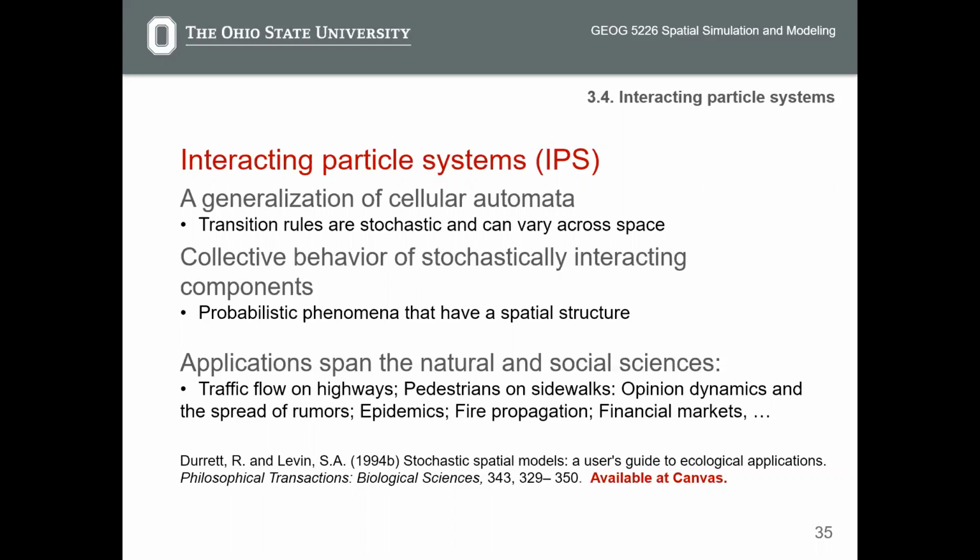Or you can say physical particles like atoms or molecules. They are by nature particles, right? So let's see how to use models to simulate IPS, and then simulate aggregation and segregation.